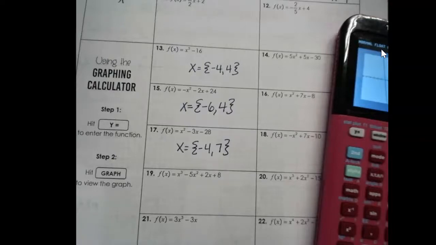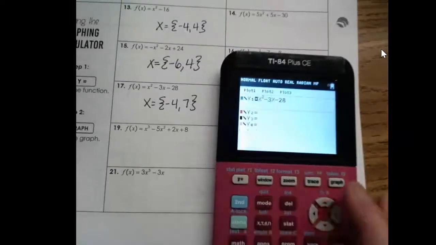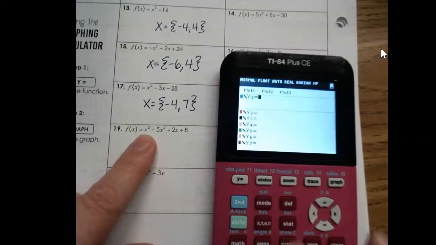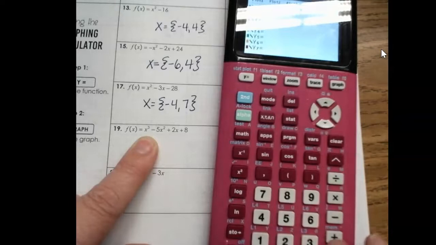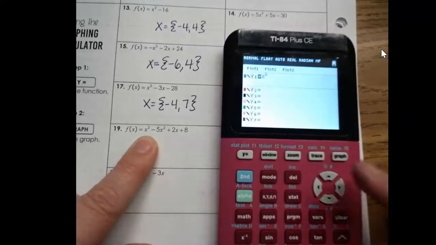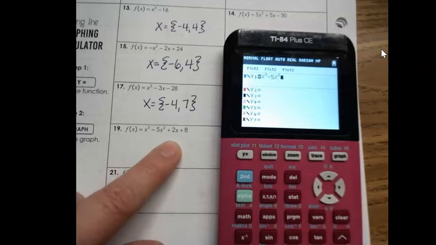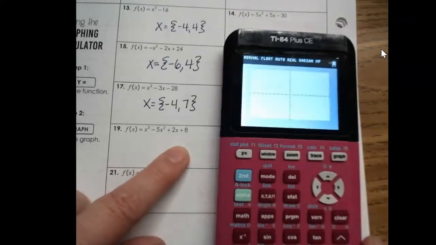All right, let's try one more. Number 19, y equals, clear out what's already in there. And we have x cubed, so x, you're going to use this up caret right here, just like if we were using Desmos, and put a 3. And then I want to drop back down, minus 5x squared plus 2x plus 8, and hit graph.